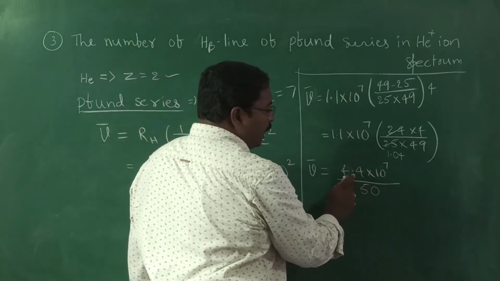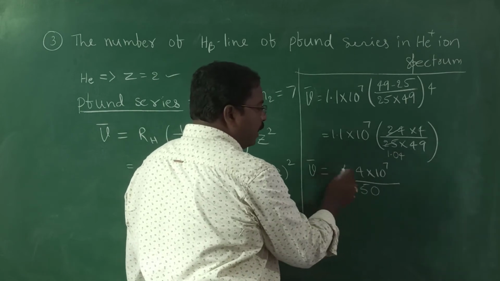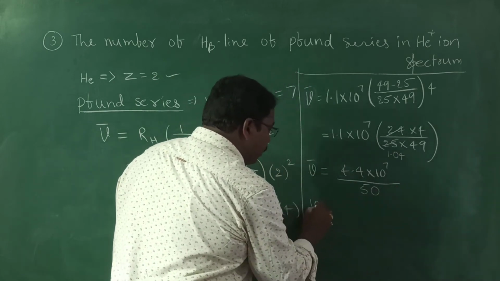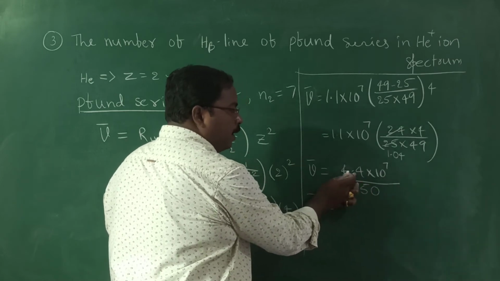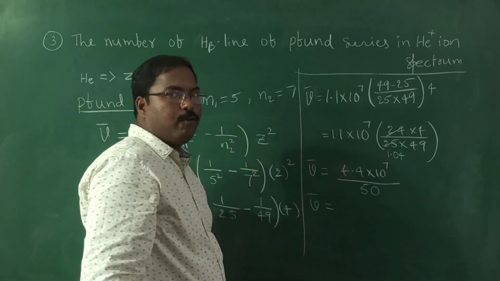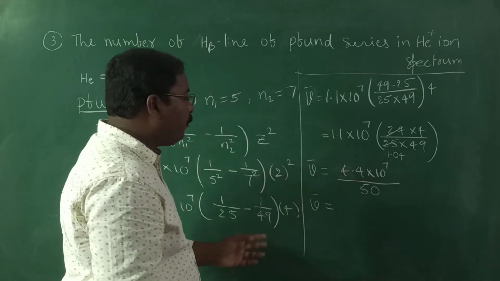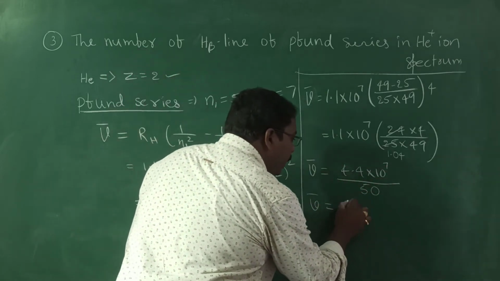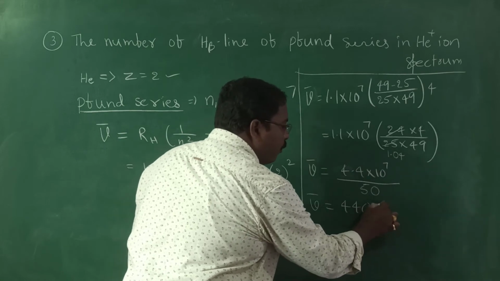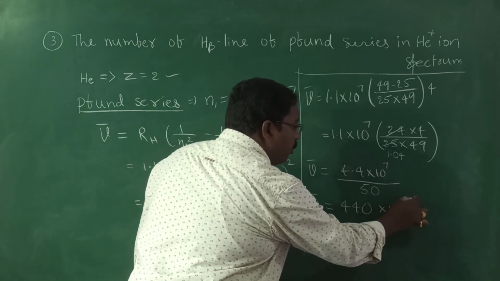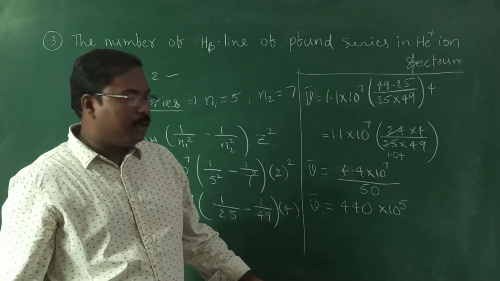Now, the above value I am going to write it as, if I multiply with 10, it will be 44. One more 10 if I multiply, the above value 4.4 I am going to write as 440 into 10 to the power 5. Can I write it or not?